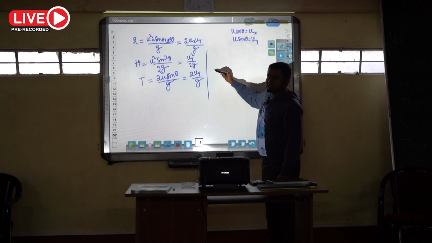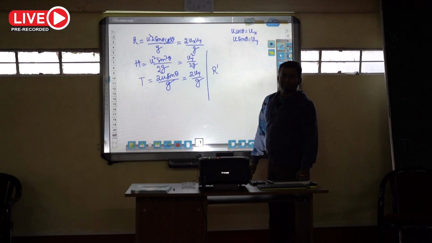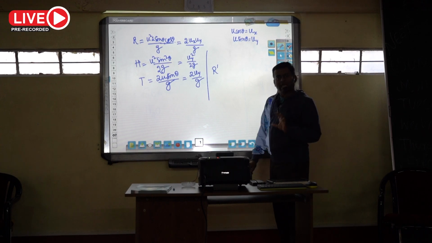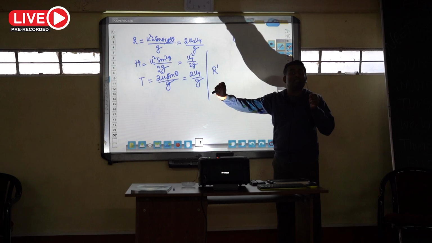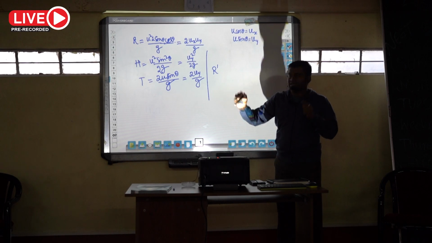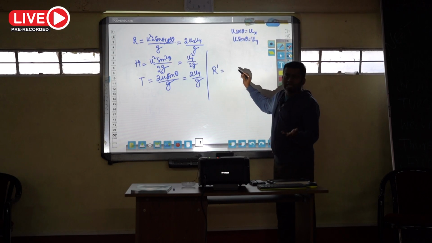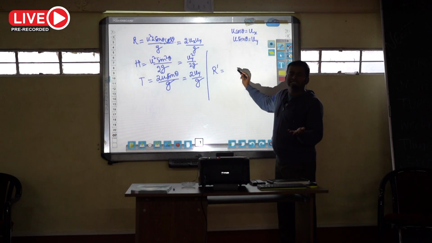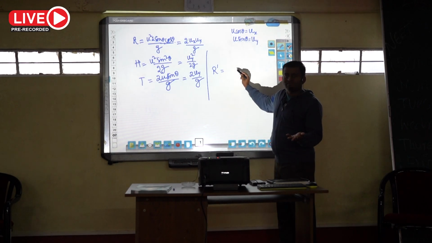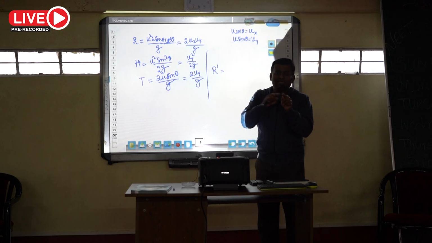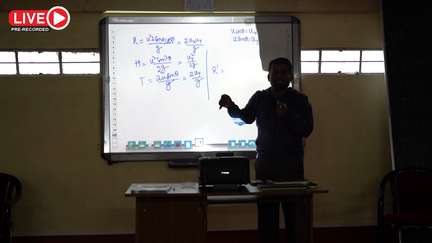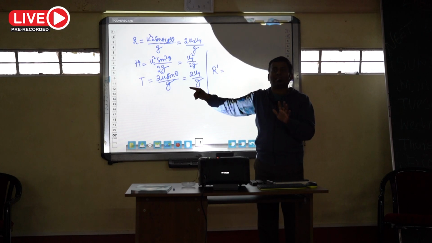So now the modified r we have to calculate. We consider the range r, now changed to r prime. So if time of flight is there and the entire time it is moving horizontally with some acceleration, it will be simply calculated by s equal to ut plus half at square, because previously in general projectile we calculate only ut, that is u cos theta into t, because there is no horizontal acceleration.